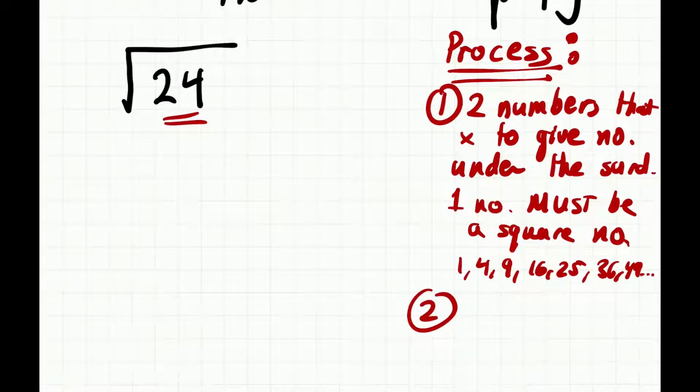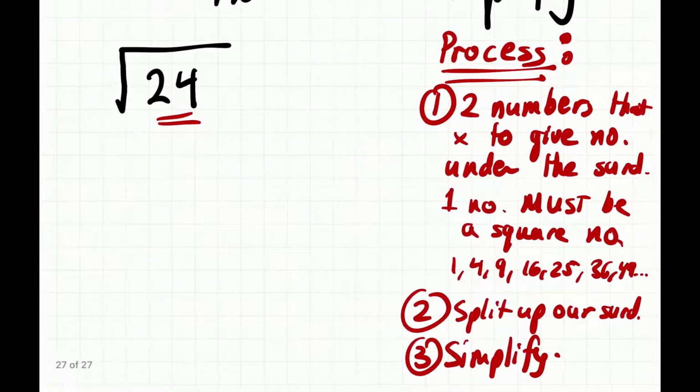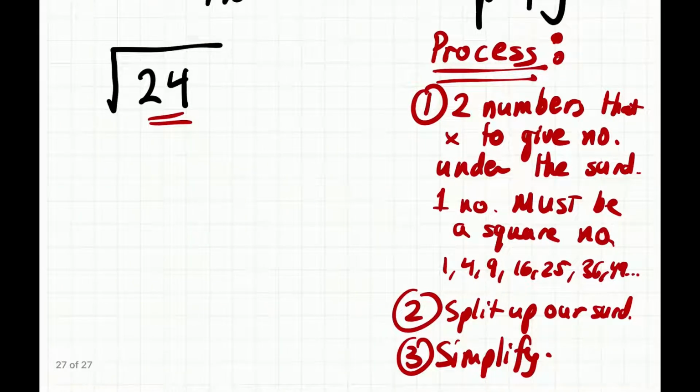After we've found that, we're going to split up our surd using the two numbers we've found, and then we're going to simplify. Okay, let's have a look at this. We've got square root 24. In terms of numbers that multiply to give 24, we know that 6 times 4 gives us 24.